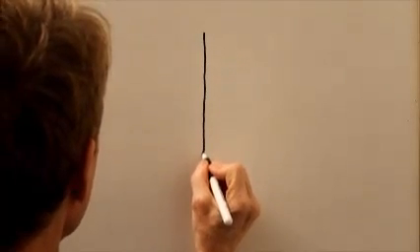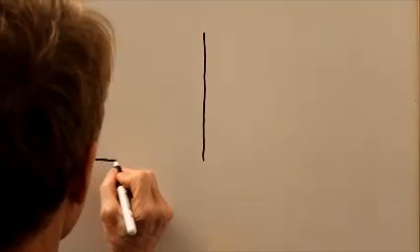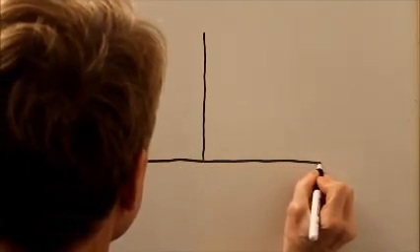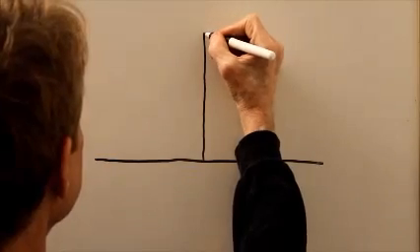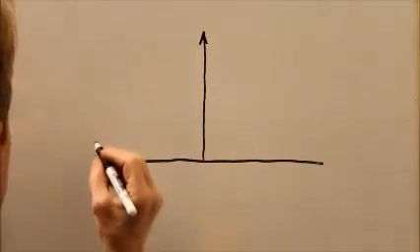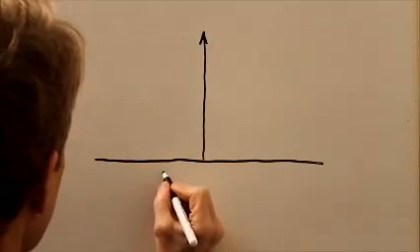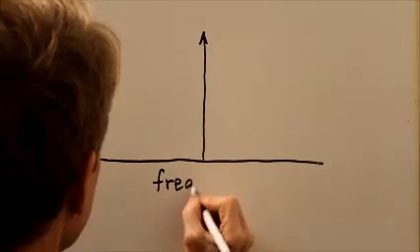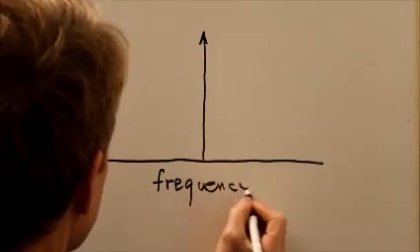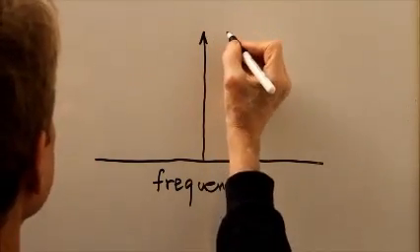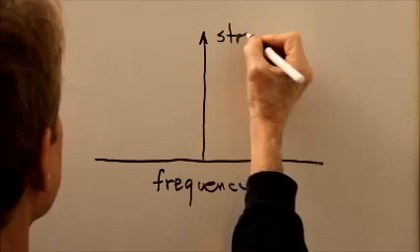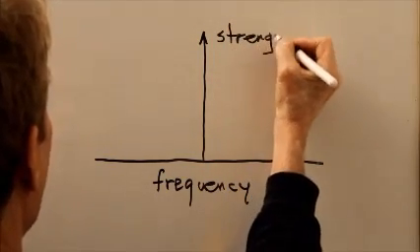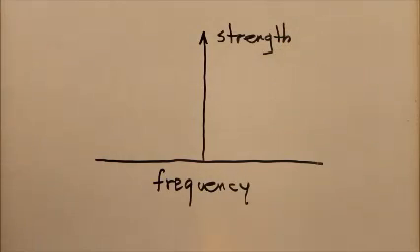But let's suppose that we apply a signal to that circuit. At one end is the input, the other end is the output. We plot frequency on the horizontal axis, and we plot sensitivity or signal strength on the vertical axis.